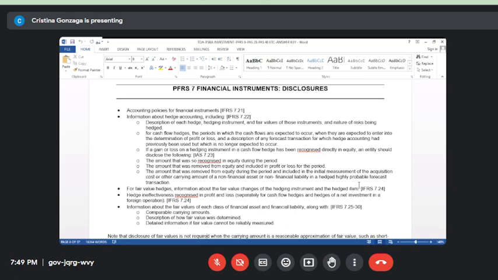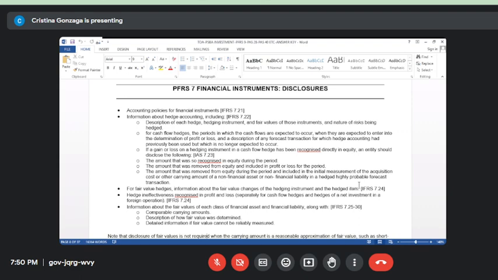And then you also indicate information about hedge accounting if you are engaged in hedging. Description of its hedge, hedging instrument, the fair value of those instruments, and so on. Kung cash flow hedge siya, if there has been a gain or loss on a hedging instrument in a cash flow hedge, you have to explain.